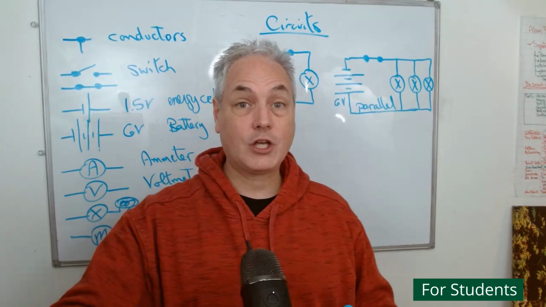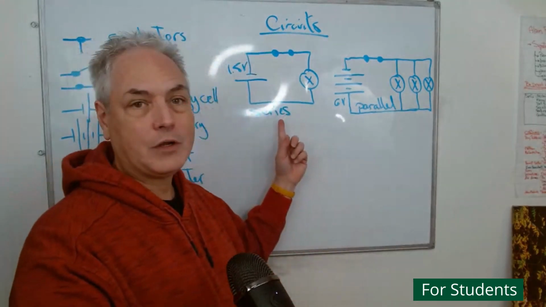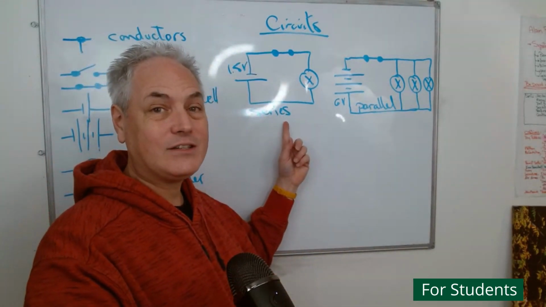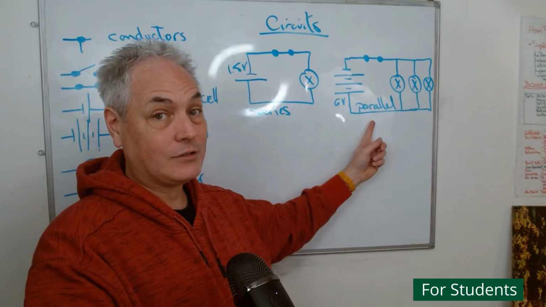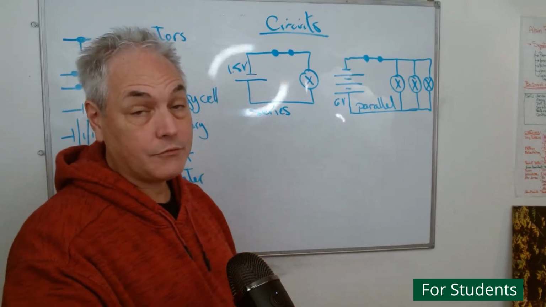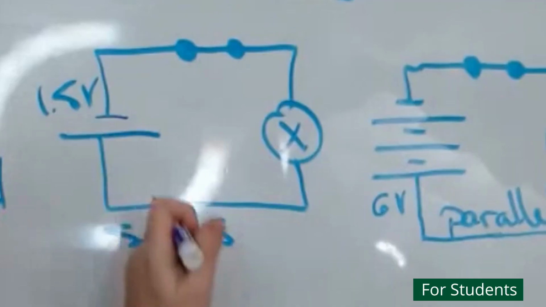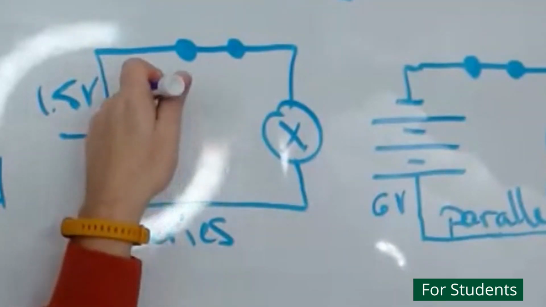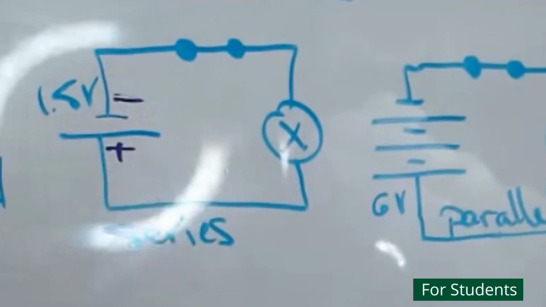Now, the 2 different types of circuits are what we call the series circuit and the parallel circuit. What's interesting with the series circuit is that there's only one way for electrons to go through. So if you look here, this is negative and positive.